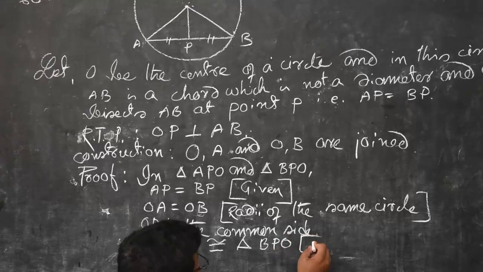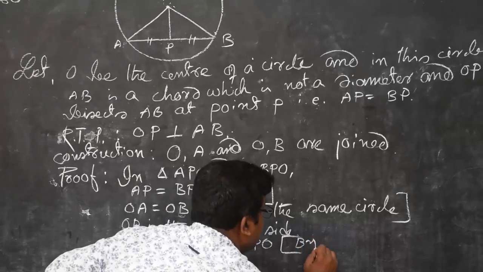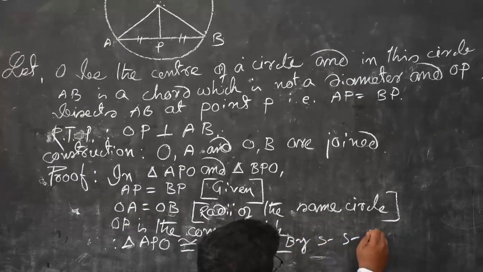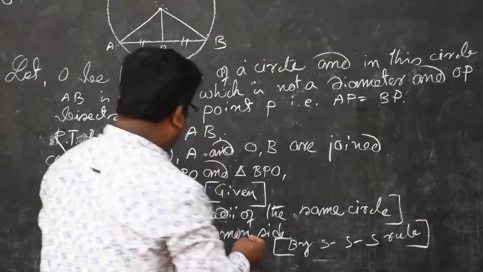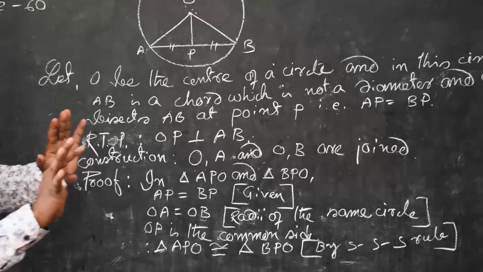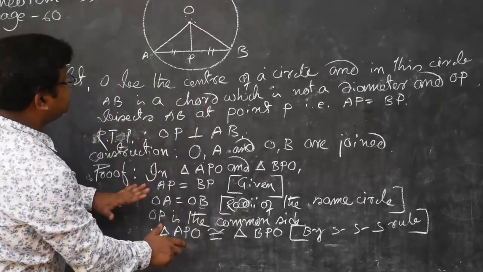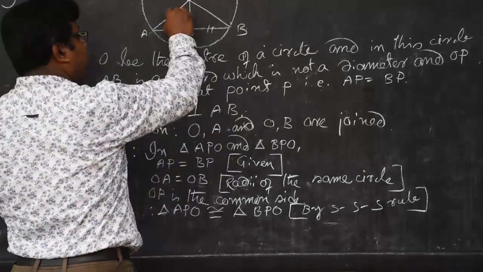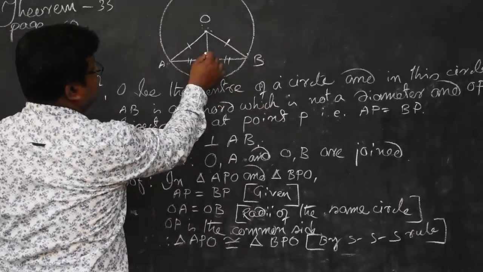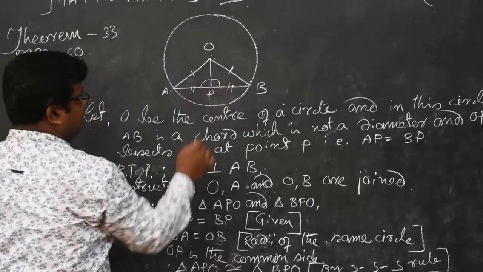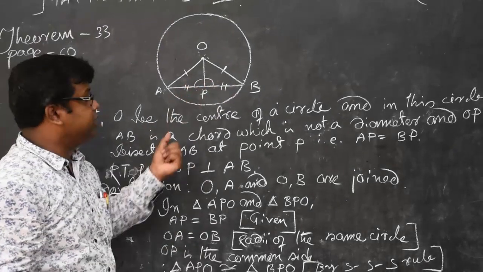By which rule? By SSS rule. Now the triangles are congruent. Now listen to me carefully. Since the triangles are congruent and OA equal to OB, their corresponding angles will be equal. So this angle equals this angle according to the CPCT rule.